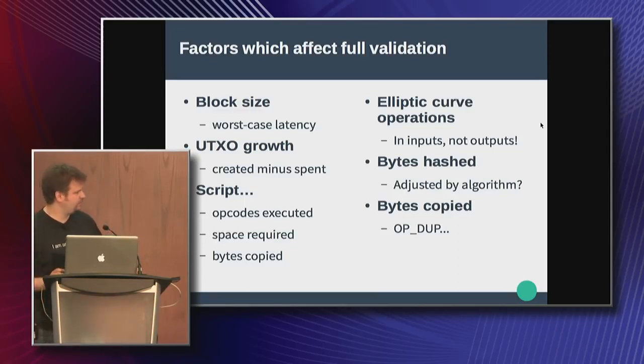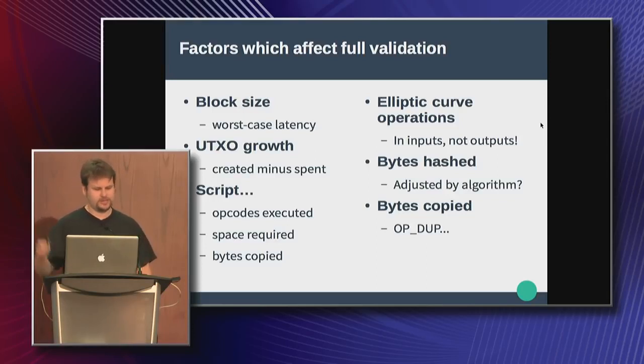The libscript, which is our library that handles the Bitcoin script execution engine, does not at this time track a lot of information about which opcodes are being used and how many of them, how much memory space was required, but this could be done. It'd be a slight refactoring to get a bit more insight into what resource usage is made by libscript, and even perhaps to get rid of memory allocation in there entirely.